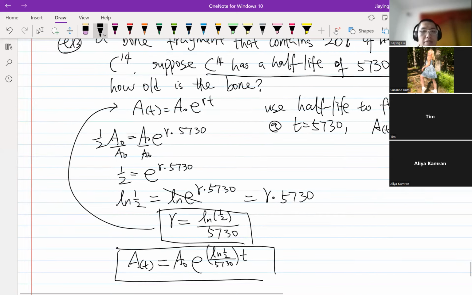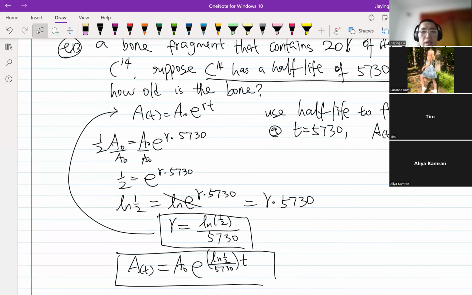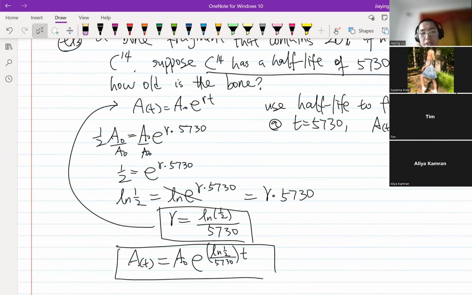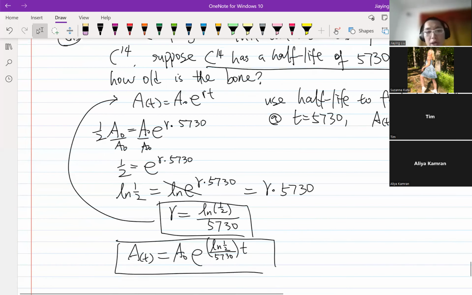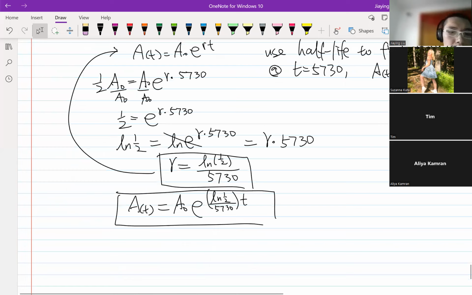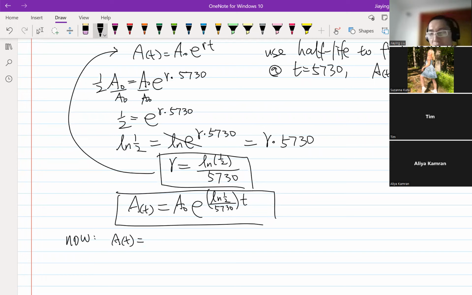So the problem says, at this point, the bone fragment only contains 20% of the initial carbon-14. We don't know what time it is, but we need to figure out the t, because that's what we want to know, how old the bone is. So we do know that A of t is equal to 20% of the original amount, so that's 0.2 times A naught.